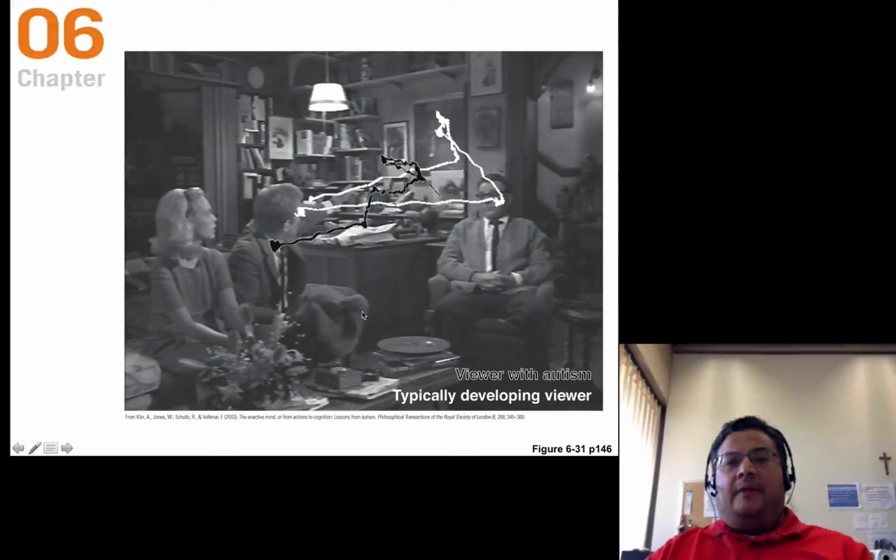Again, we have a viewer that is not autistic looking. This actor is looking at this picture and pointing at the picture while having a conversation with this dude. A person without autism is going to be looking at the actor, looking at the picture, looking at the reaction of this other actor, and then looking at what this actor's doing.